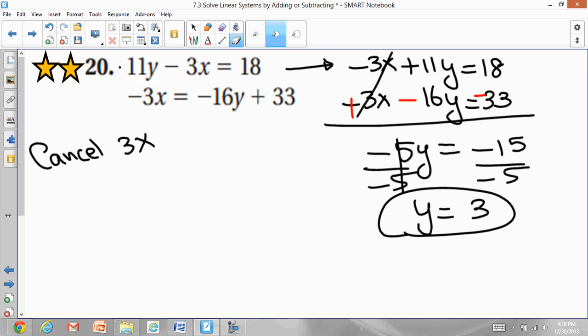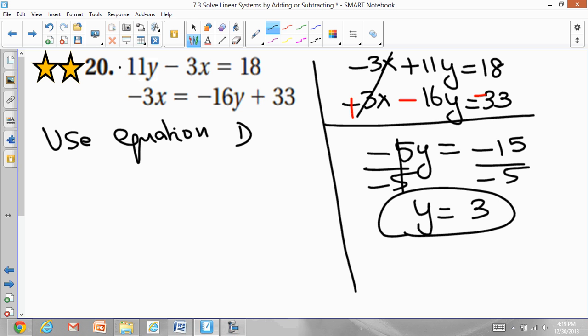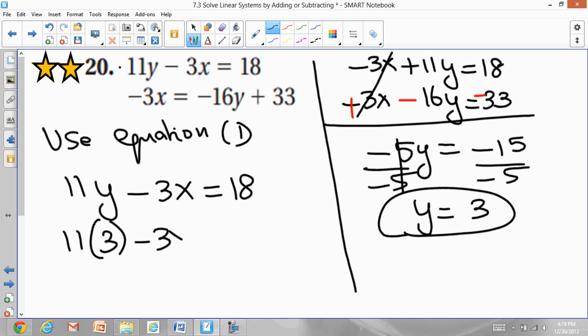So once you get y equals 3, then all you have to do is go back to one of those equations that was given to you. So let's use equation number 1. So 11y minus 3x equals 18. 11 times 3 minus 3x equals 18. Now what's the way that I got the 3? Y takes on 3, so I'm just replacing my y by 3.